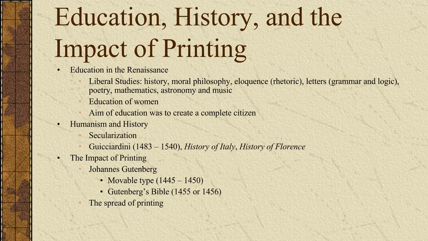Oftentimes women were educated as well, especially those women who were from wealthy families. They had access to the same level of education as the men, and a lot of Renaissance writers and thinkers believed that was genuinely important because they hoped to create these complete citizens, and they wanted not just the men to be complete citizens, but the women to be as well, because there was a sense that if the women were educated, that would have a trickle-down effect on the women's children.